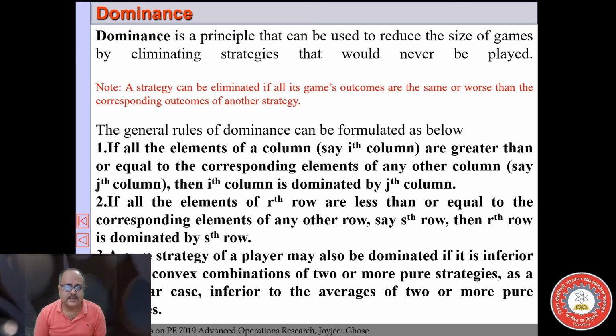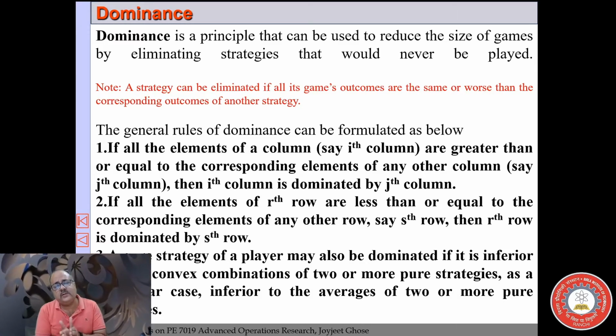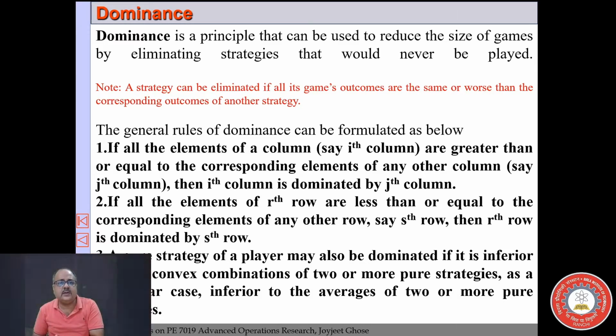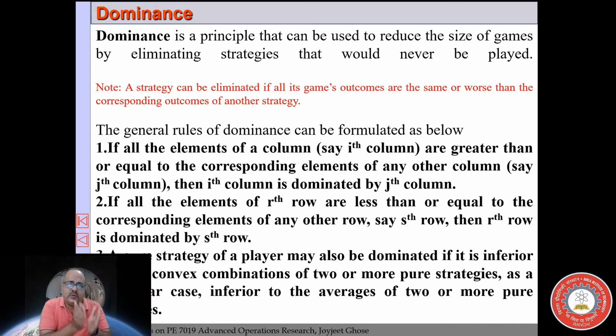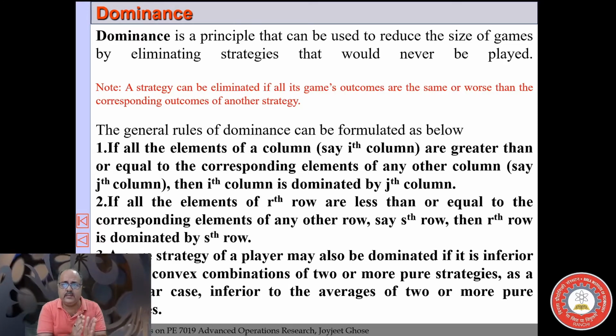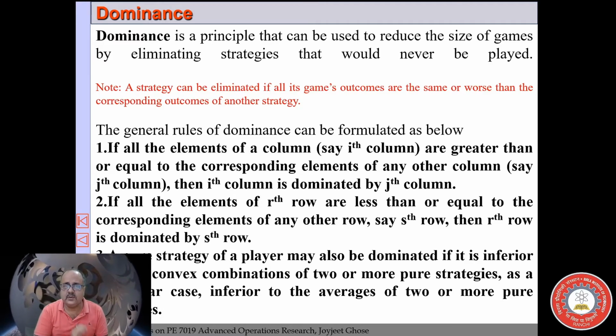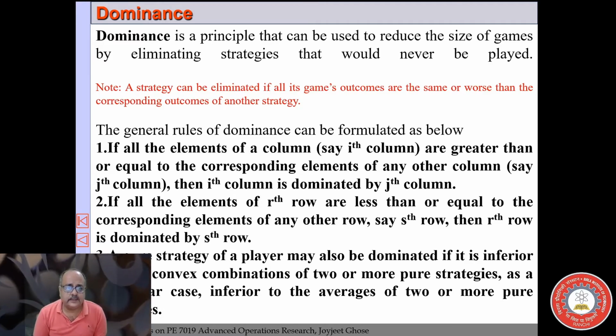From B's point of view, if all the elements of a particular column are more than or equal to the corresponding elements of another column, then obviously B will not choose this column. So this column will be omitted or deleted, and is said to be dominated by the other column. Very important point: either all the elements are greater, or equal to. Even if it is equal to, it is said to be dominated.